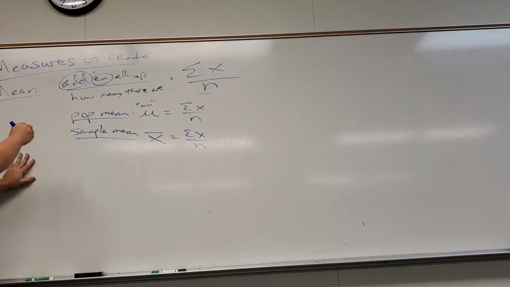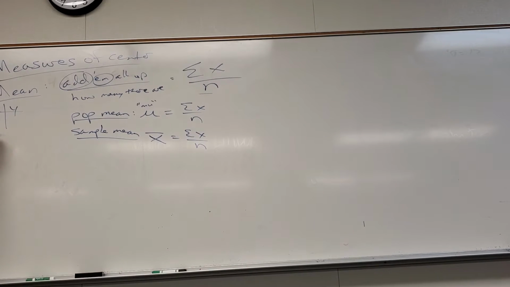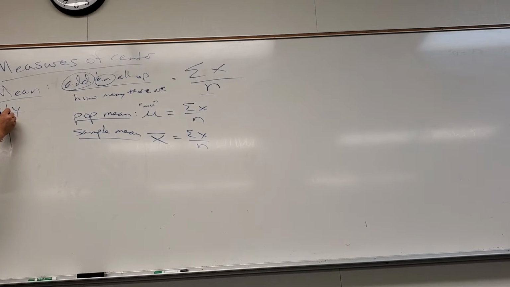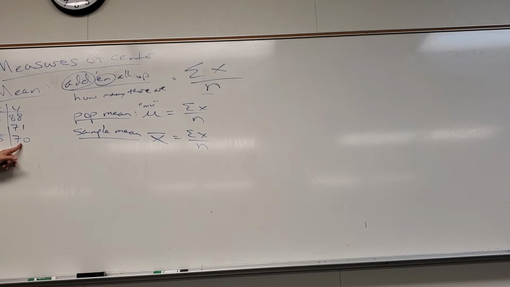By the way, real quick, if I had two sets of data, say this is the number of beers you had the night before, and this is the 7 a.m. test that you took, the grade you made, right?